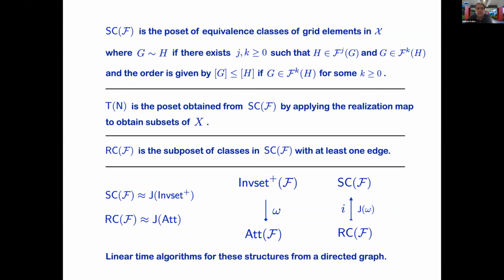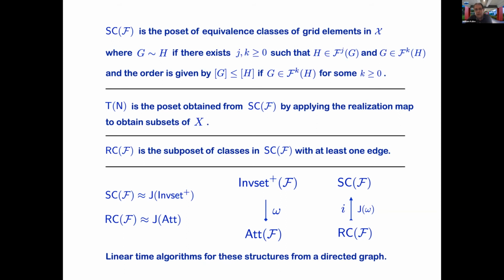And that's what we are calling T of N. N is the realization as sets of the attractor lattice, and then T of N stands for tiling that you get by applying the realization map to the strongly connected components. And then as a sub-poset of the strong components, you have the recurrent components.